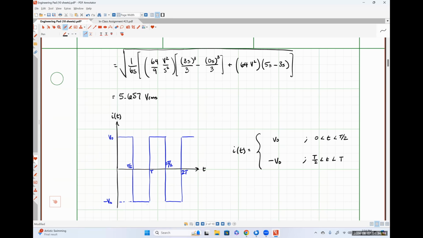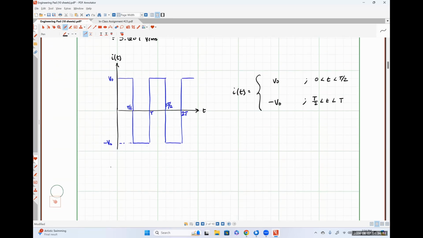Okay. So putting this into our effective value relationship, we could say that I effective is going to be the square root of, well, our period is literally just T in this case because we're doing things generically, times the integral from 0 to capital T over 2 of V naught squared dt plus the integral from capital T over 2 to capital T of negative V naught squared dt, like so.